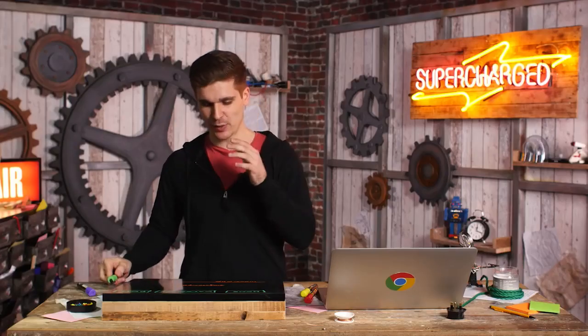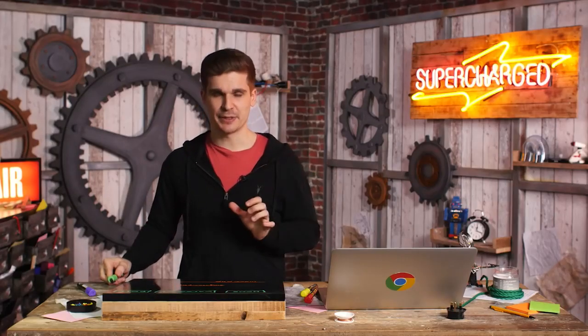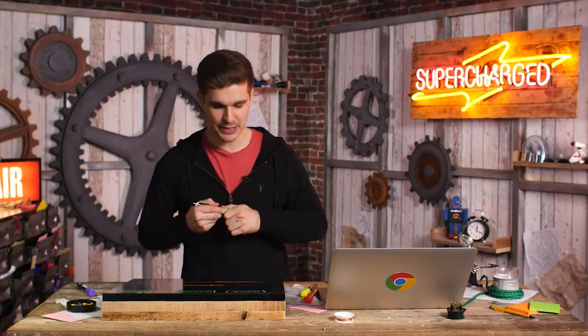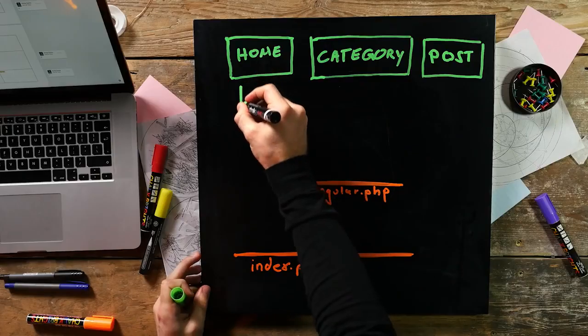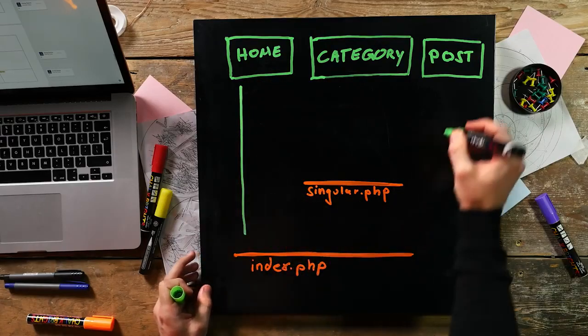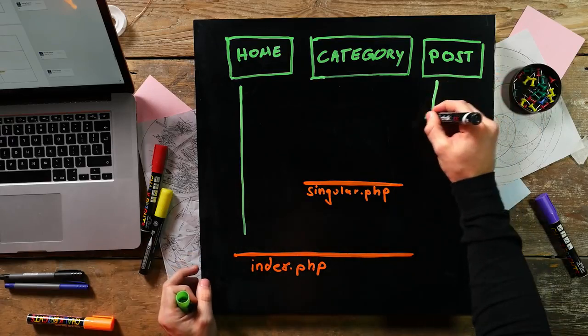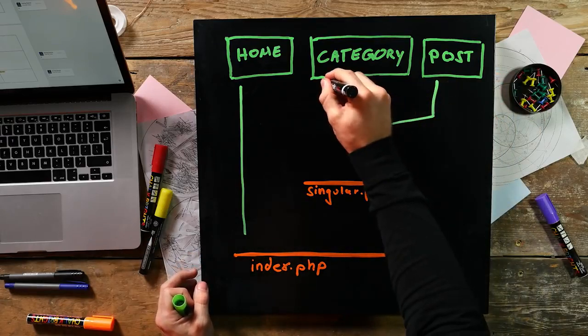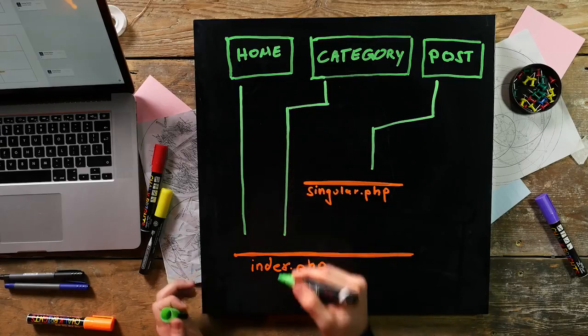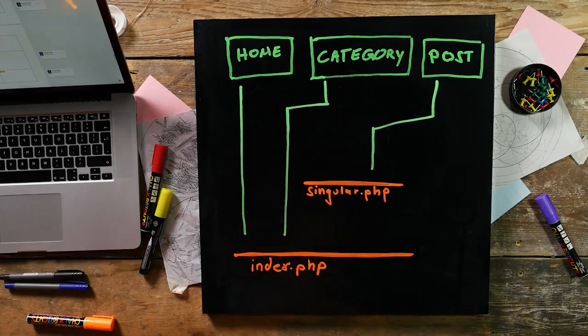And as you can tell, the distinction is that home and category are listings of multiple blog posts, while a post is a singular item. And that's exactly why that name is being used in the template hierarchy, where we have singular. So if somebody goes to home, we will use index.php. If somebody looks at a post, it will use singular.php. And a category is a listing just as well, so it will use index.php as well.